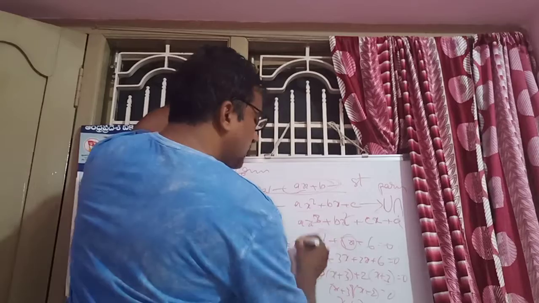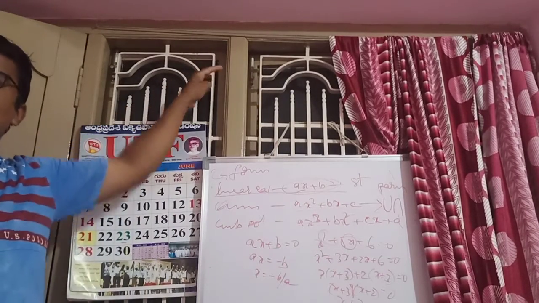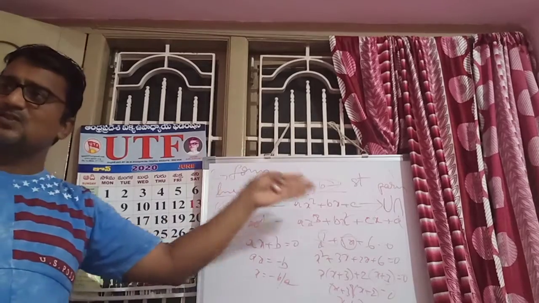Degree 2, therefore you have two solutions. Therefore, minus 3 and minus 2 are the zeros of this quadratic equation.